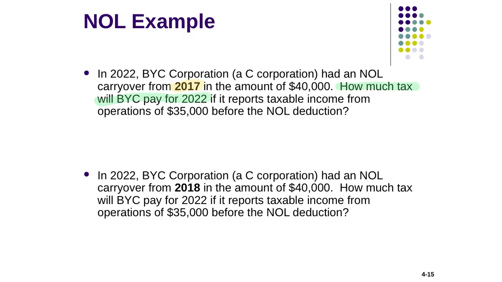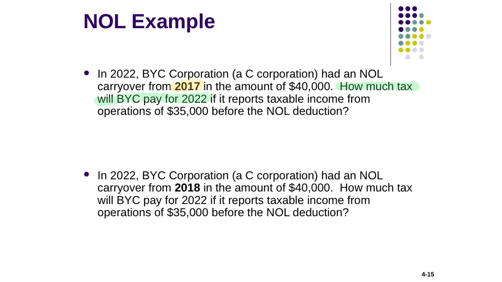So in our problem, our NOL carryover is from 2017. And so if we think back to our NOL rules, this one should be able to either carry it back 2 years or carry it forward up to 20 years. And we can offset 100% of the taxable income.